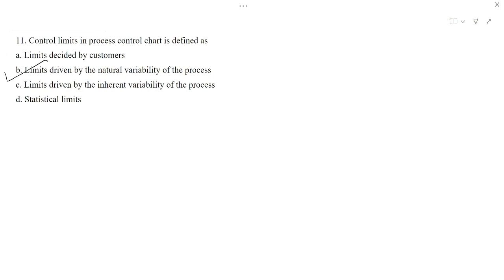Now we'll understand this in detail. Variations can be random.